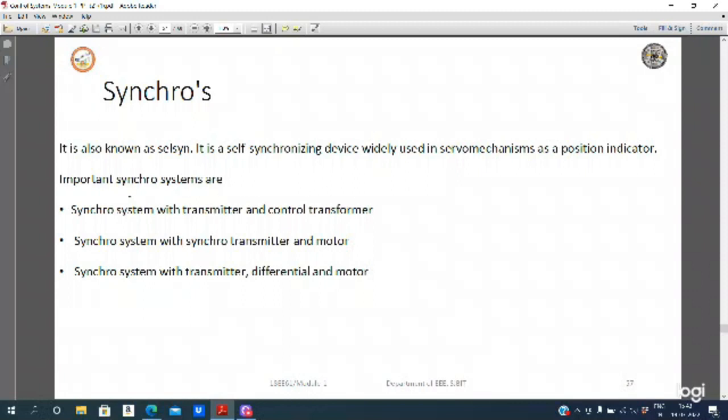So some of the important synchro systems we have: the synchro system with transmitter and control transformer, the synchro system with synchro transmitter and motor, and the synchro system with transmitter as well as differential and motors. So these are the three types of important synchro system we have.